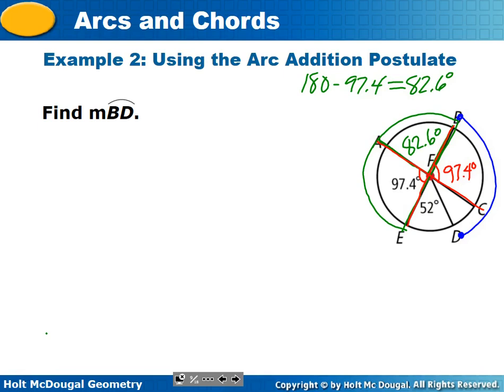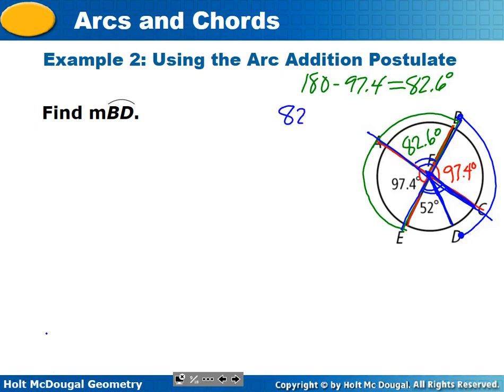So I'm going to go ahead and put 82.6 back in here. Now I also notice, again, that I have some vertical angles here, there and there. So I know that this and this have to equal each other. Well, if that's true, then I should be able to find DFC, this angle right here, by subtracting 52 from 82.6.